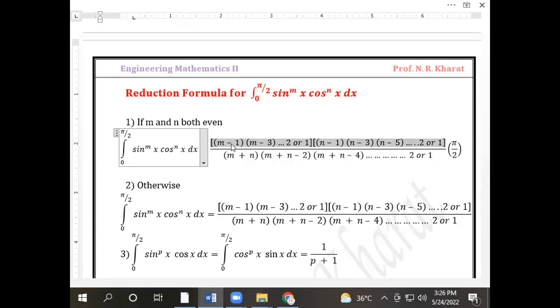So it becomes n minus 1, n minus 3, up to 2 or 1, divided by the sum of your m plus n.